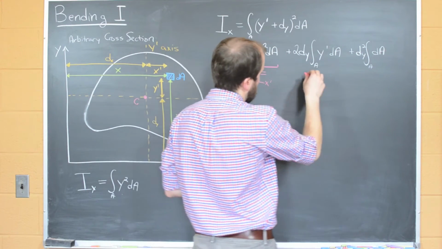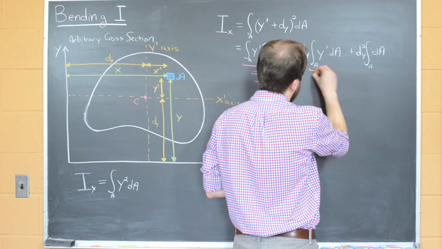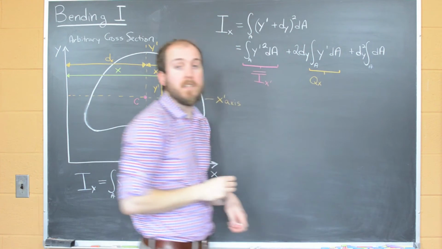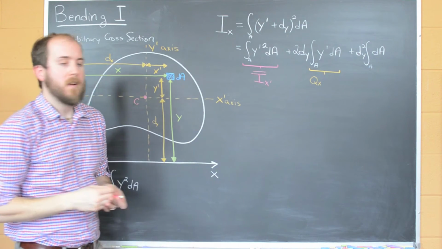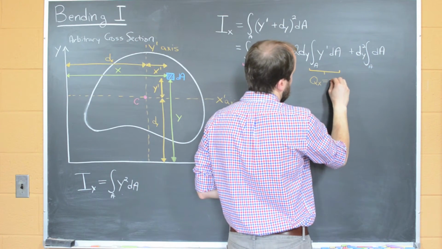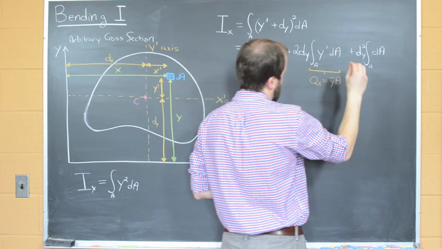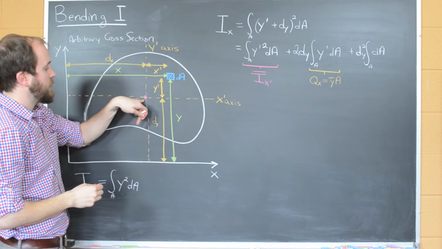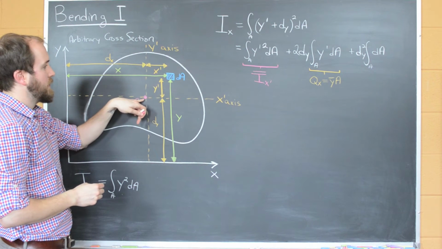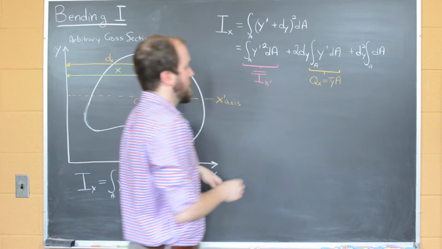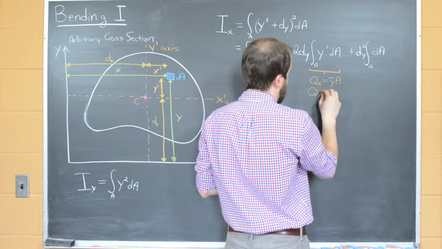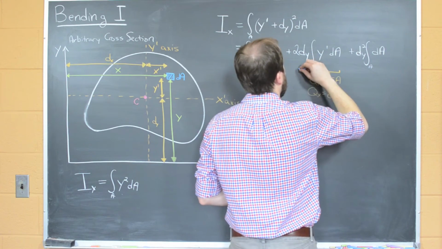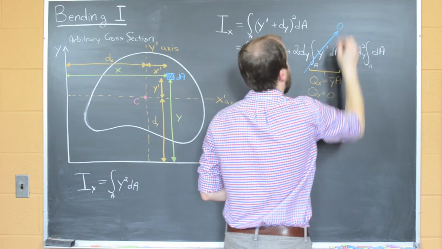This term here, this integral, we know to be equal to Qx, the first moment of area. And we know that Qx is equal to the location of the centroid times the area. In this case, we just said that we redefined our coordinates so that the centroid is located at the origin, which means that our first moment of area has to be equal to 0. And so this whole term goes away.